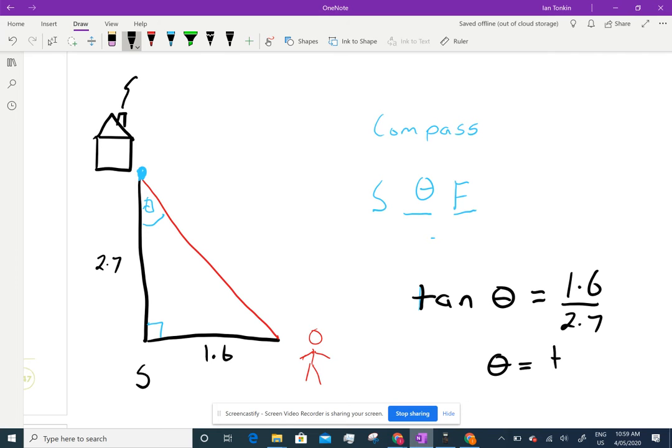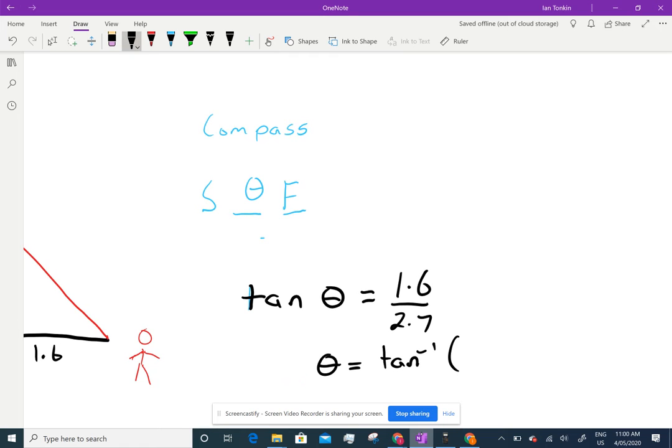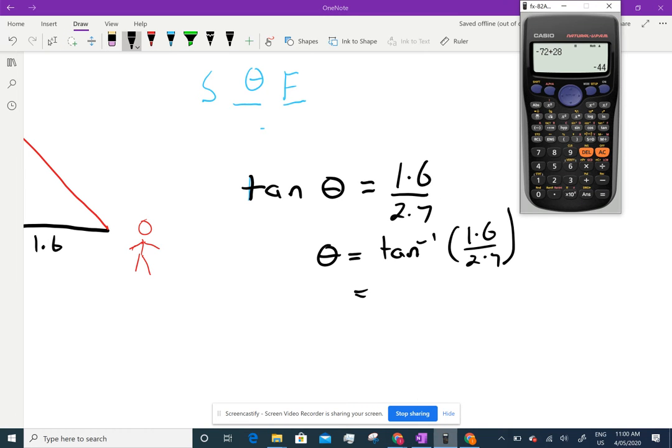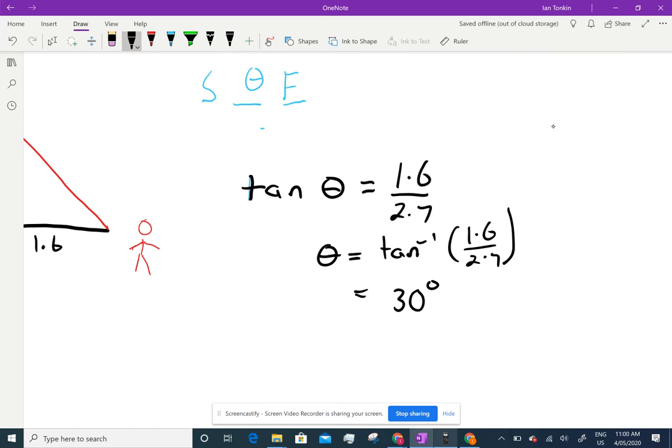Theta equals inverse tan of 1.6 over 2.7, and then I pump out my calculator, inverse tan 1.6 divided by 2.7, and I'll get that in degrees, minutes and seconds, so 30 degrees, 39 minutes.